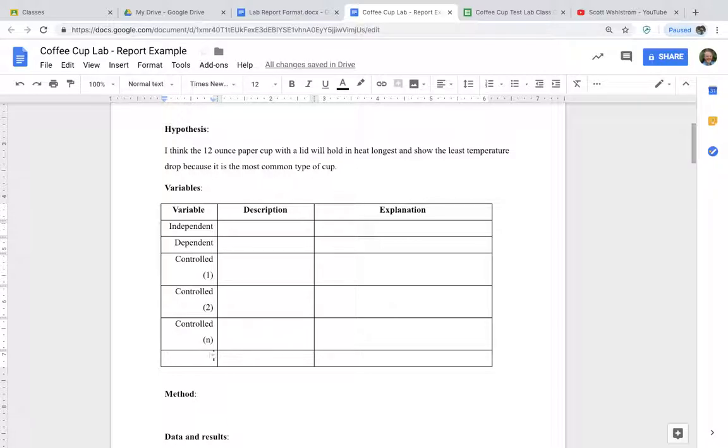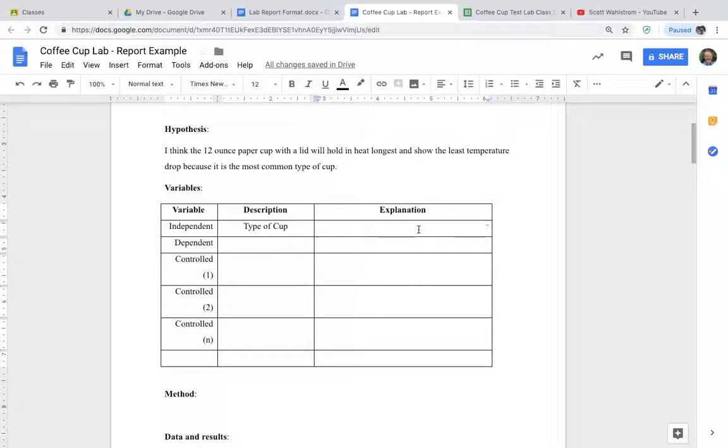Your independent variable, the description should just be the name of the variable. So I think we agreed that the independent variable in this test was the type of cup. You can capitalize it. I think it's nice to center things like this, makes them look good.